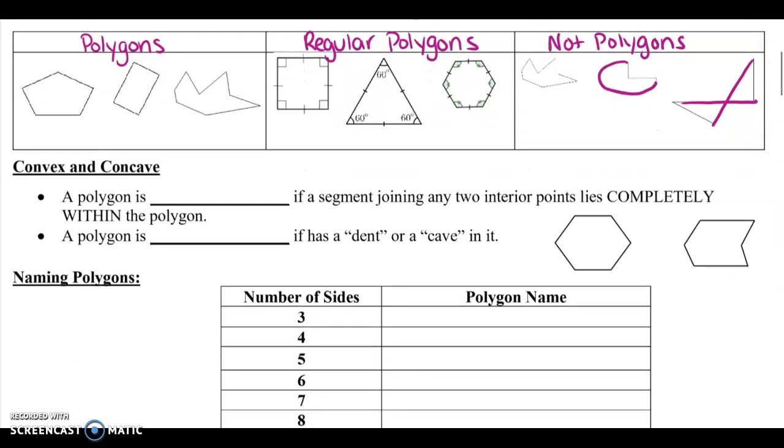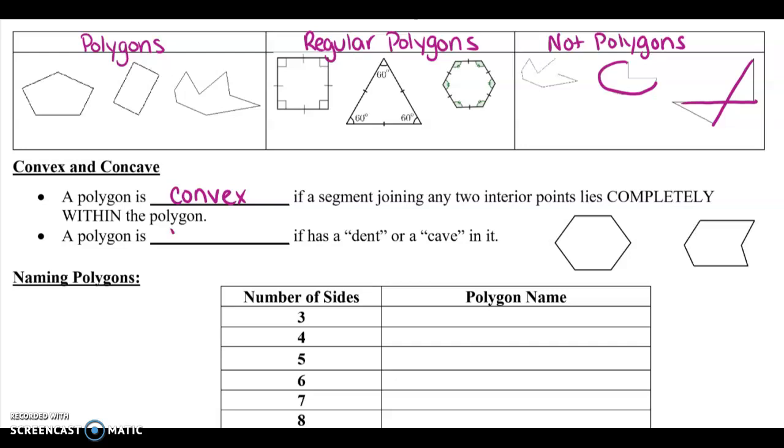Now the difference between convex and concave. A convex polygon is when all of the segments are on the outside. A polygon is convex if a segment joining any 2 interior points lies completely within the polygon.